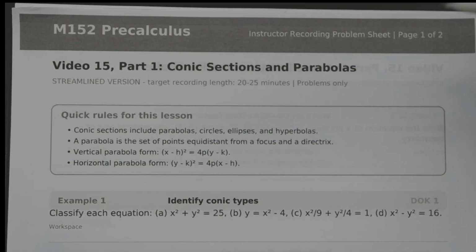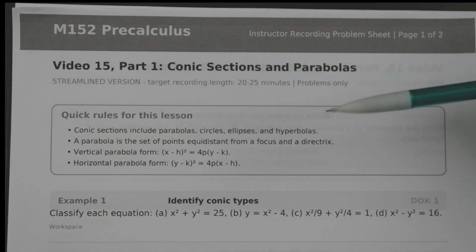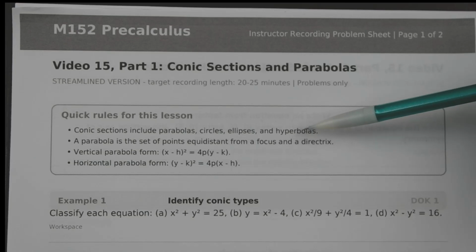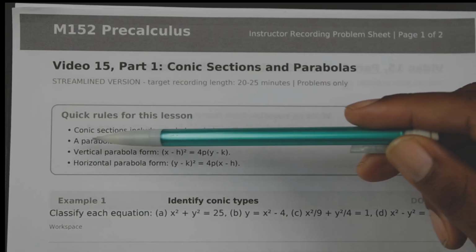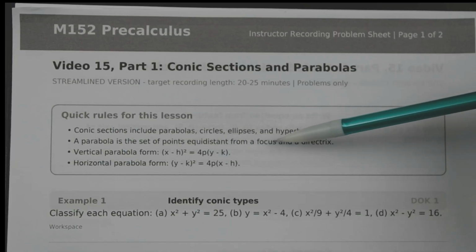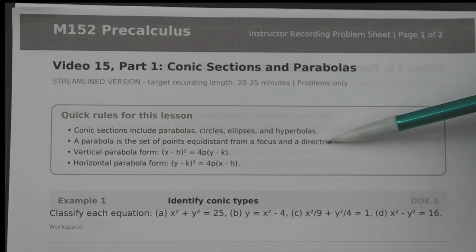Okay, let's begin first of all with the quick rules. A parabola is the set of points equidistant from a focus and a directrix.